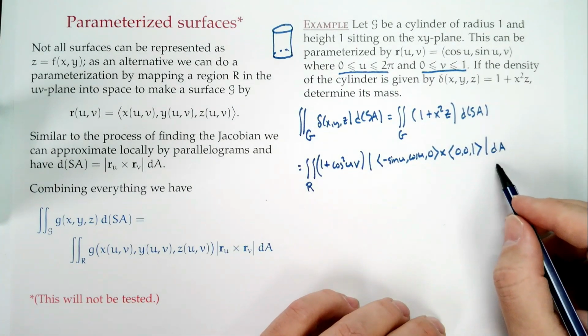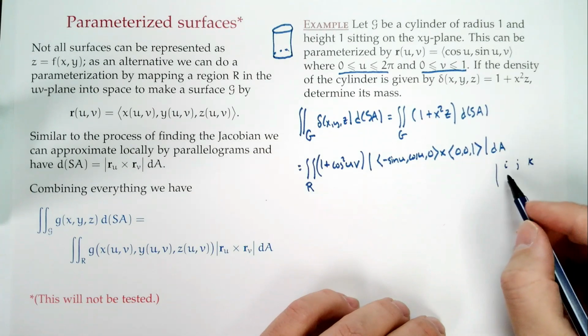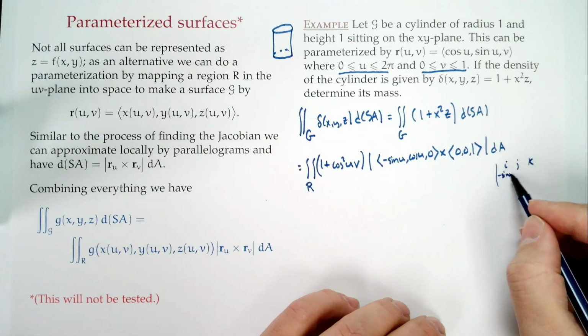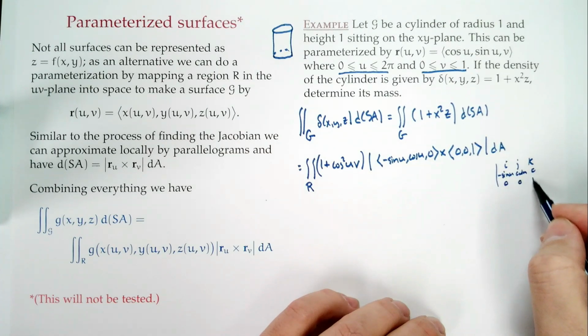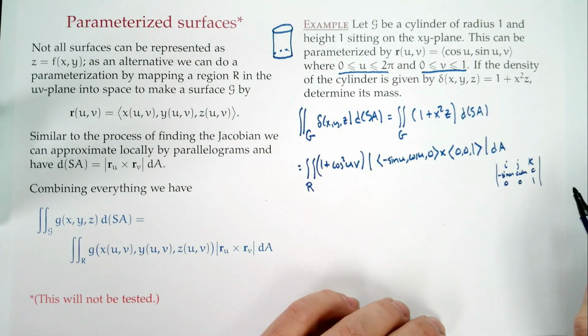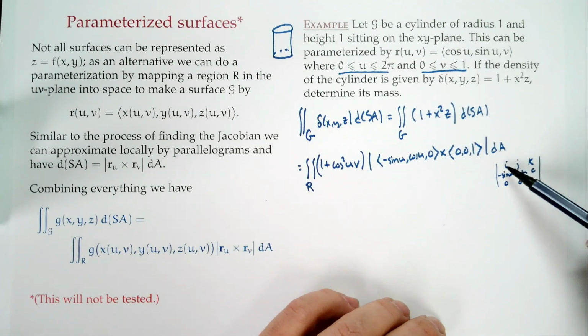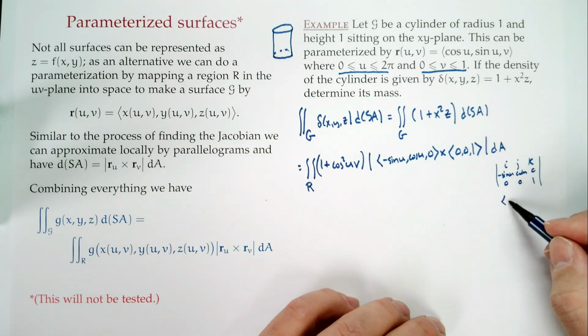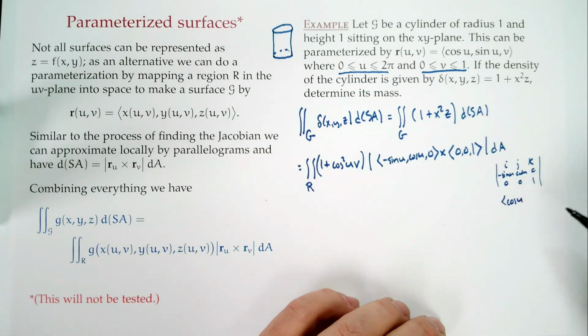So we've got our i, j, k, our minus sine u, cosine u, 0, and our 0, 0, 1. Now, the good news is there are so many zeros that almost all our terms are going to disappear. For instance, what do you see? Well, we have an i times a cosine u times 1. So that's a cosine u in the i component.